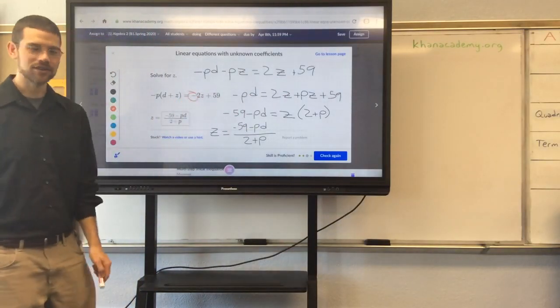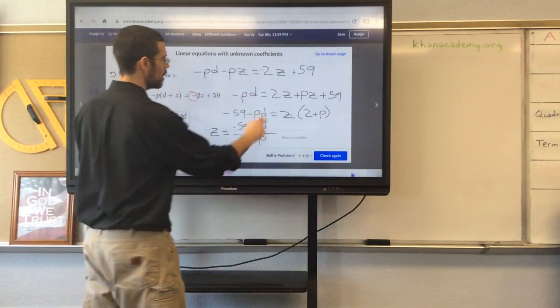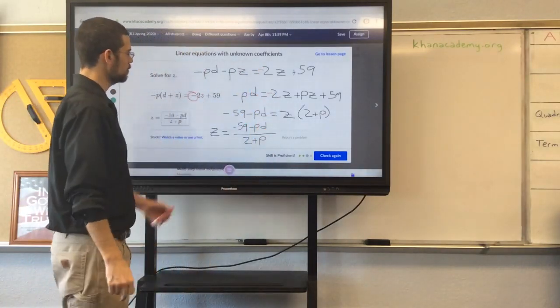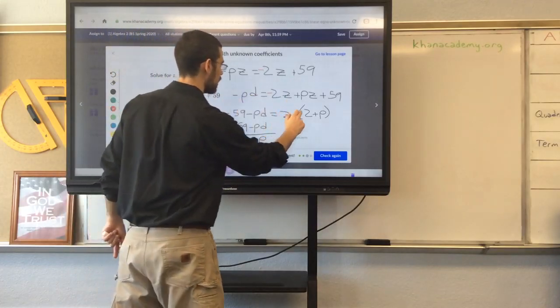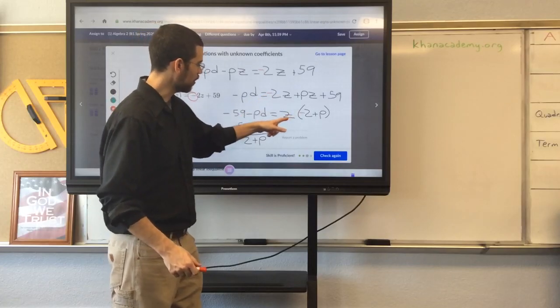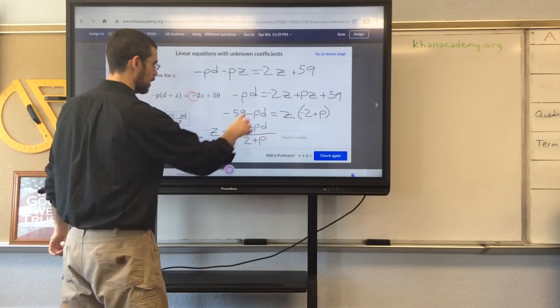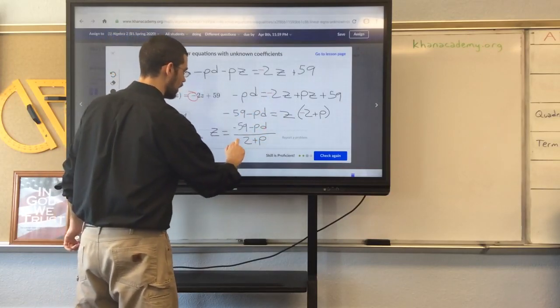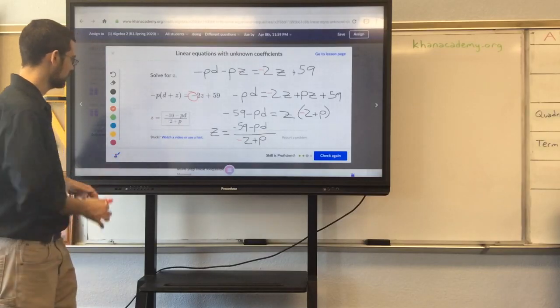There's a negative on that too. I need to make sure I keep that. So there's a negative 2 there, and negative 2 times z, that's this part. And then, when I divided, this should have had a negative on it. Okay, so I need a negative on that too.